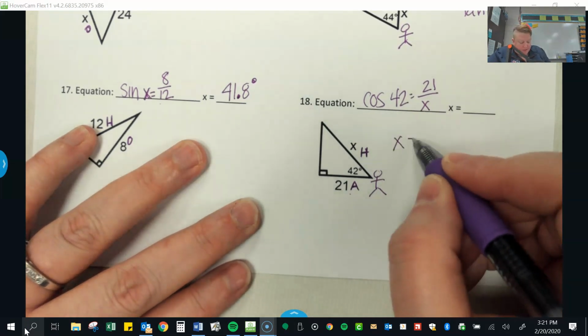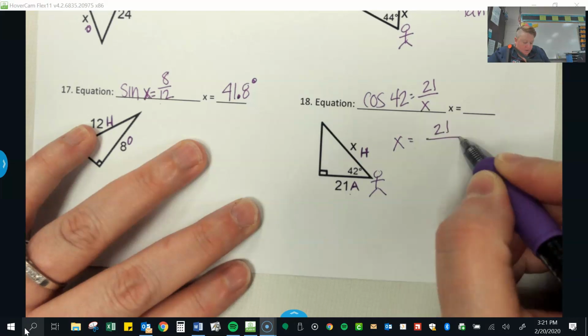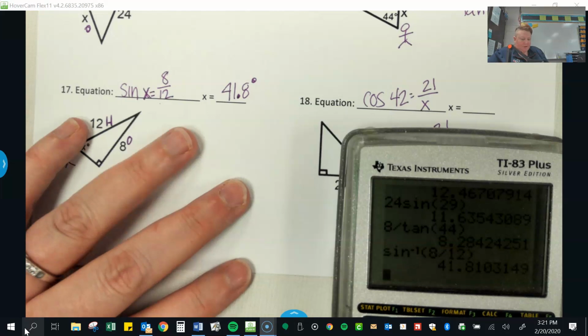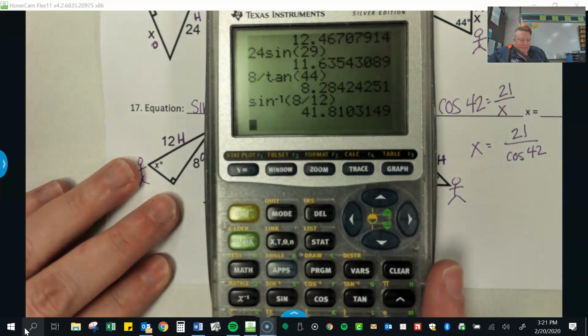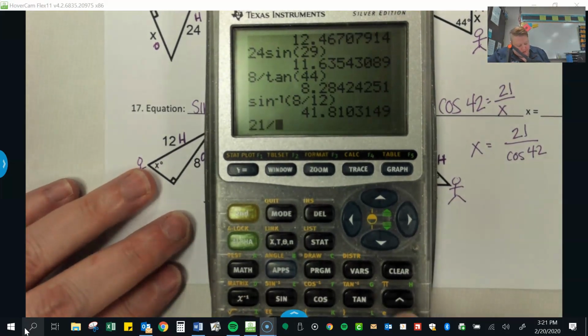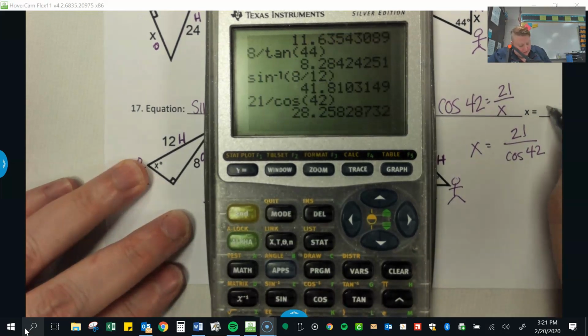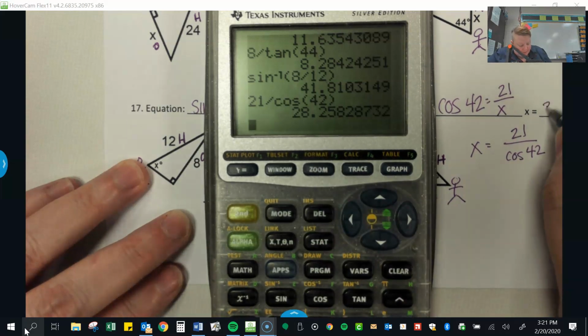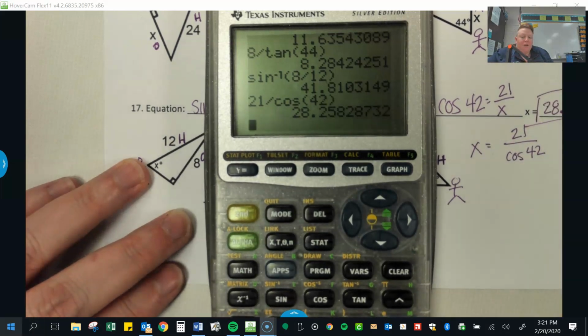So I'm going to say x is equal to 21 divided by cosine 42. That's going to give me my answer. 21 divided by cosine 42. And that is 28.25. That 5 turns that 2 into a 3. Okay, so we're done. Good luck on your test tomorrow.